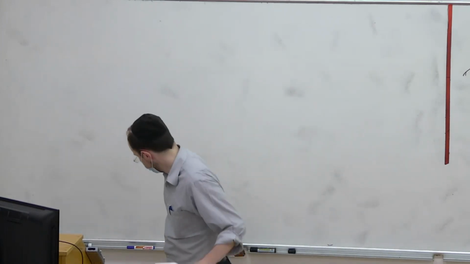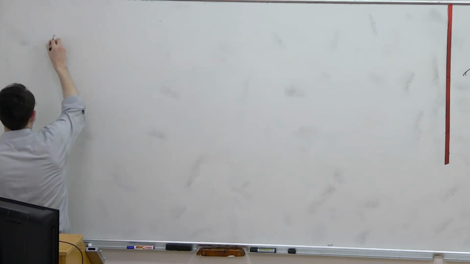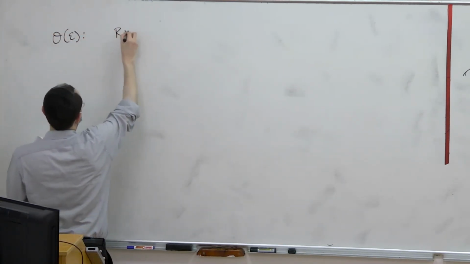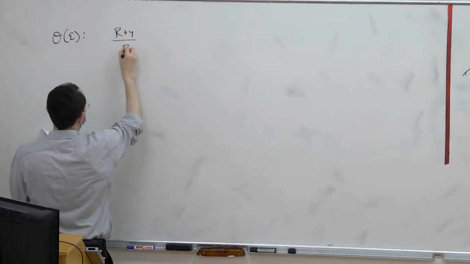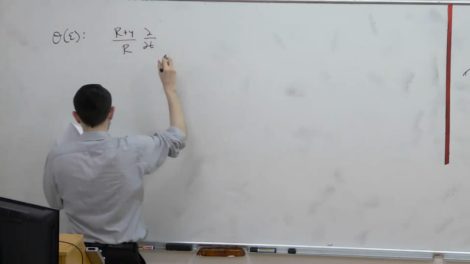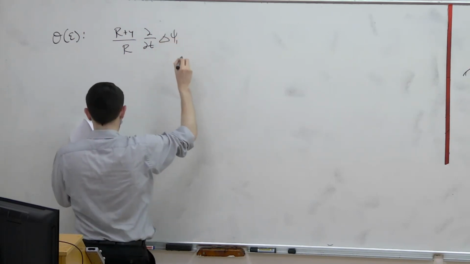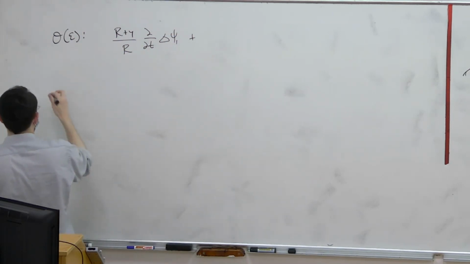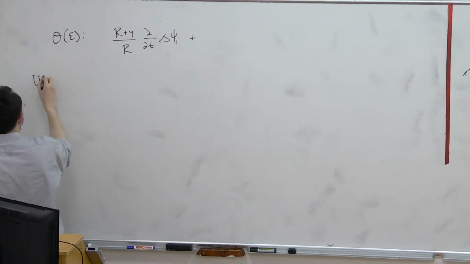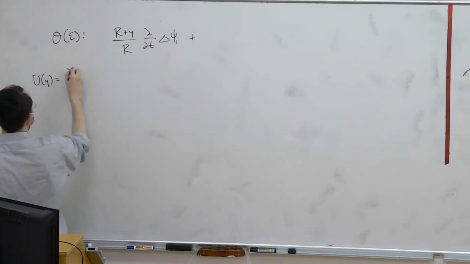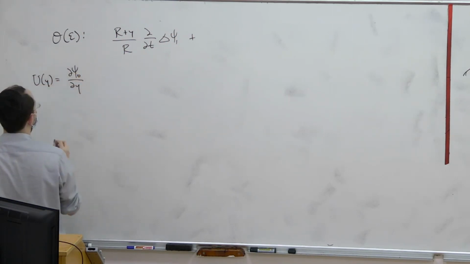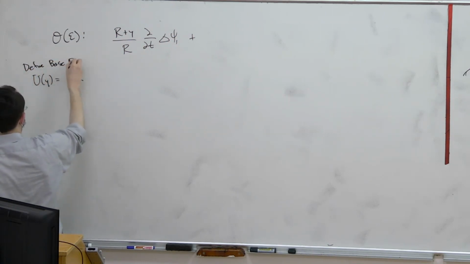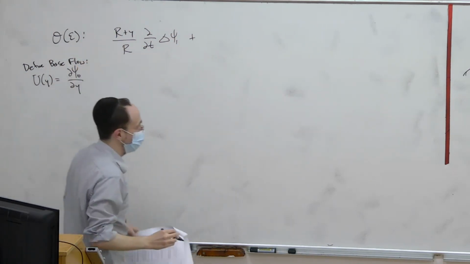Our order epsilon equation is (r plus y over r) d/dt of the Laplacian of psi 1 plus, now in order to do this, we just need to define my outer flow u of y as d psi naught dy. So I'm just going to define the base flow, just so that we have some notation.